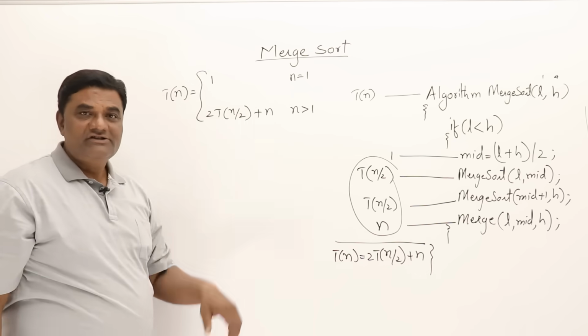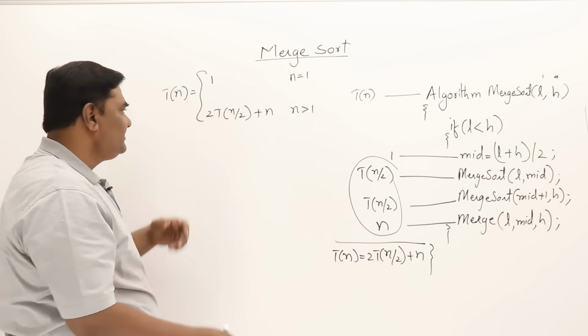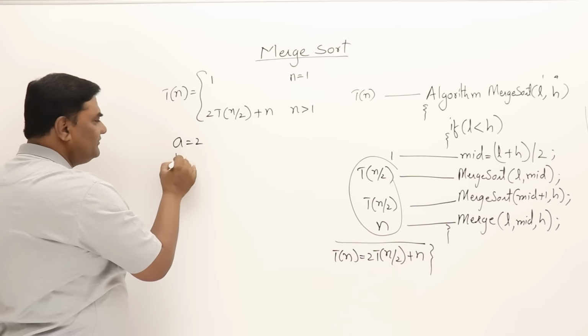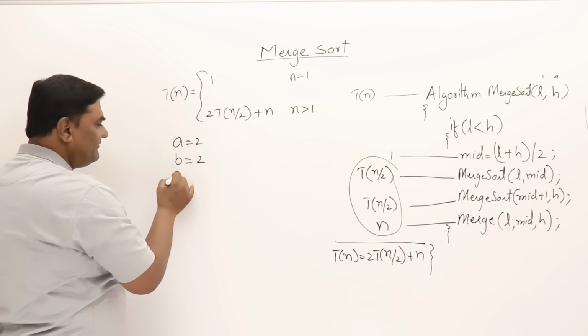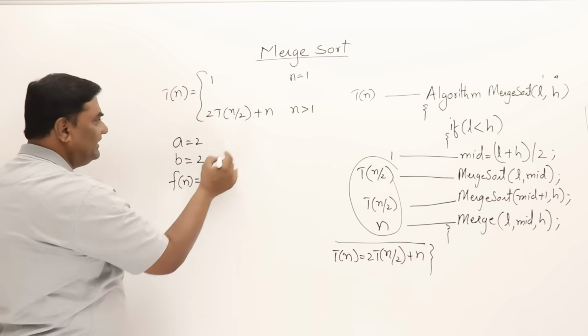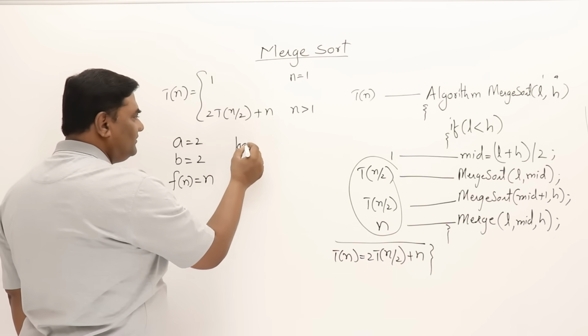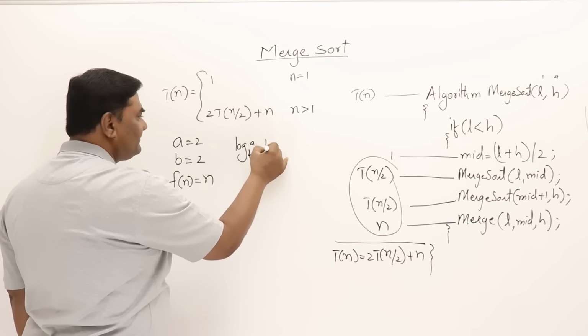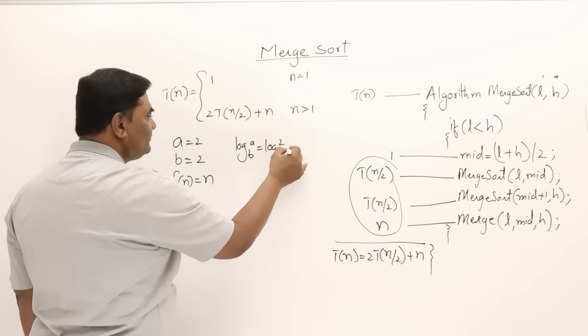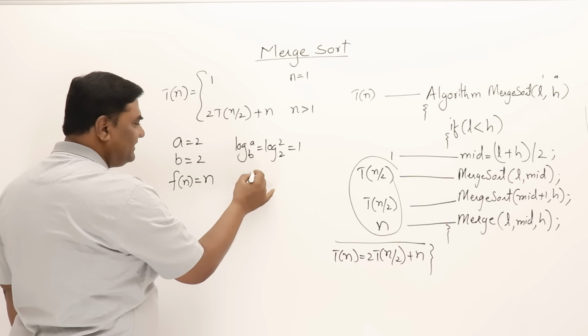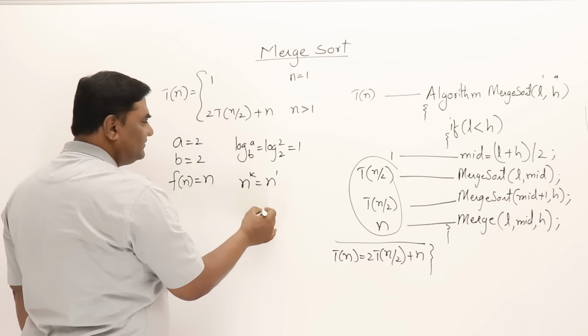This is the recurrence. Now by using Master's theorem, a value is how much? 2. b value is how much? 2, and f of n is what? n. Now find out log a base b. So that is log 2 base 2 is 1. And power of n, k, it is 1.